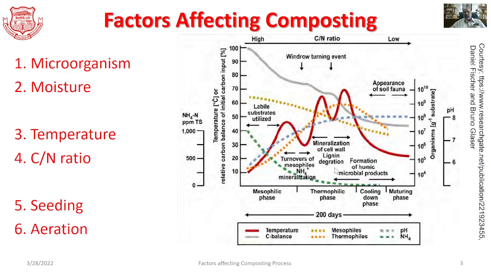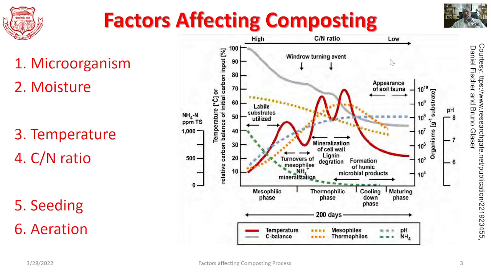The process as such is elaborated here. There is an involvement of certain mesophiles and thermophiles. The process goes through a mesophilic phase, thermophilic phase, stability phase, as well as maturity phase. A variety of bacteria as well as certain microorganisms are acting in this process.